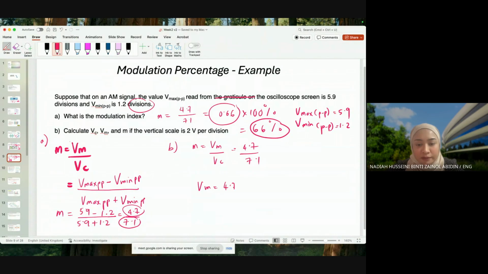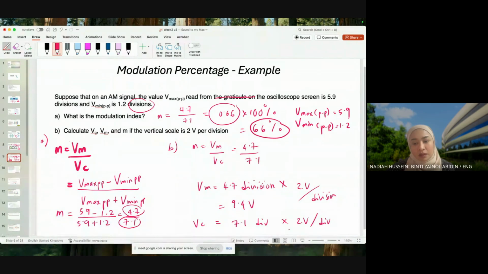So 4.7 divisions times 2 volts per division, what you're going to get is 9.4 volts. And then for VC, it's 7.1 divisions times 2 volts per division. You're going to get 14.2 volts.